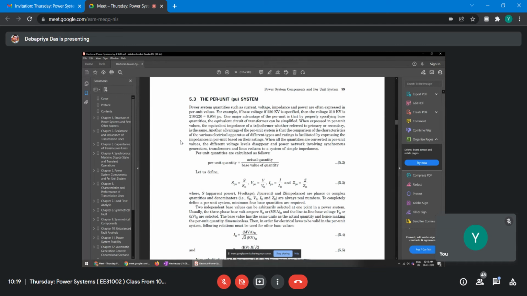So the major advantage of the per unit is that by properly specifying base quantities, the equivalent circuit of a transformer can be simplified, right? When expressed in per unit value, the equivalent impedance of a transformer, whether referred to primary or secondary, is the same. That we will see later.